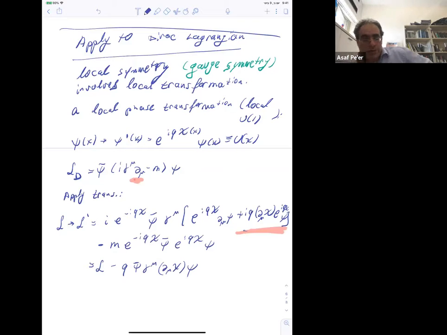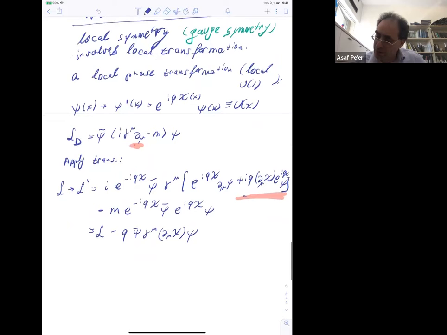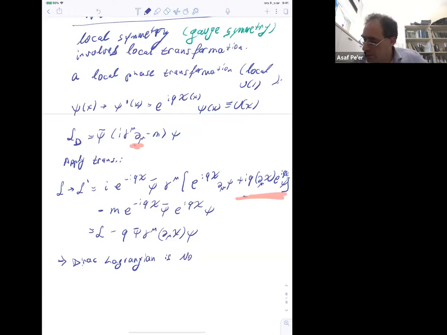So what we just showed is that the free particle Lagrangian for the Dirac field is not invariant under the U(1) local phase transformation.